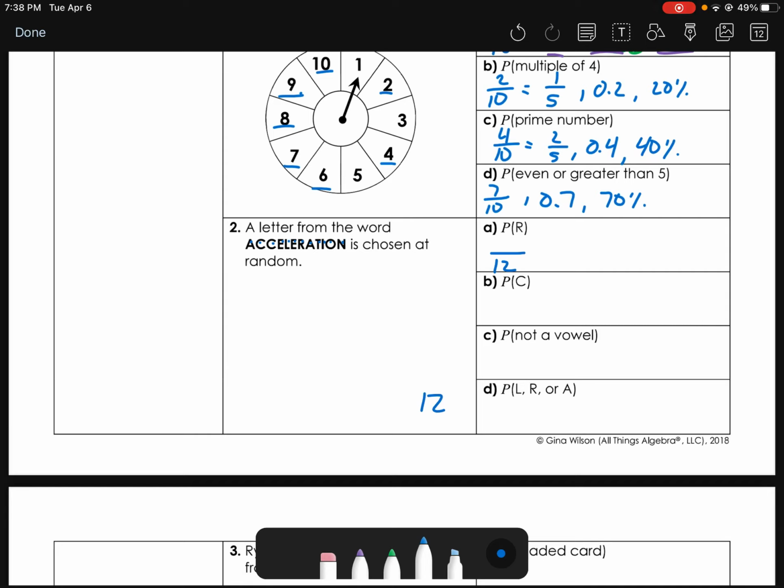So I know my denominator is going to be 12. And then how many of those outcomes would have R? We'll see it once in there. So I would have 1 over 12. Already simplified, I can go ahead and divide 1 by 12. I get 0.083 repeating. If I move the decimal place over 2 times, I'd get 8.3 repeating percent.